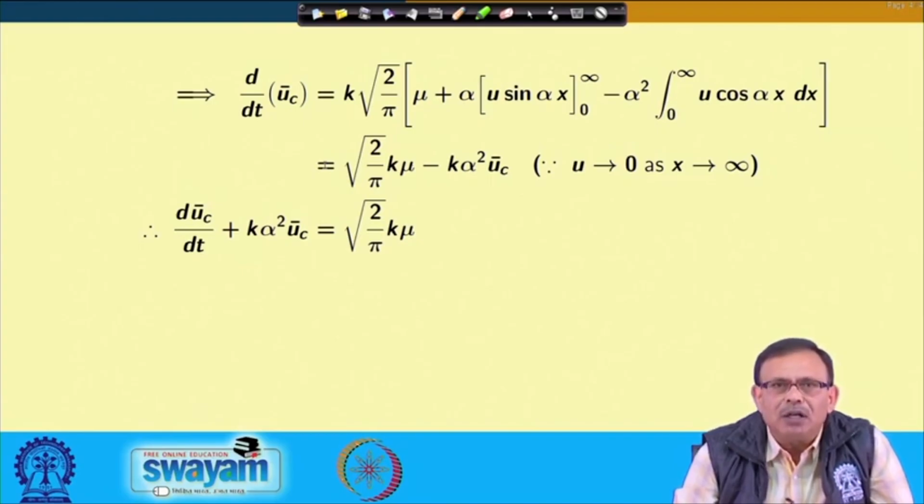Please note that using the Fourier cosine transform, the given second order PDE is transformed into a first order ODE. This is the first step, where you convert the second order PDE into a first order ODE. Its solution I can find using the integrating factor.